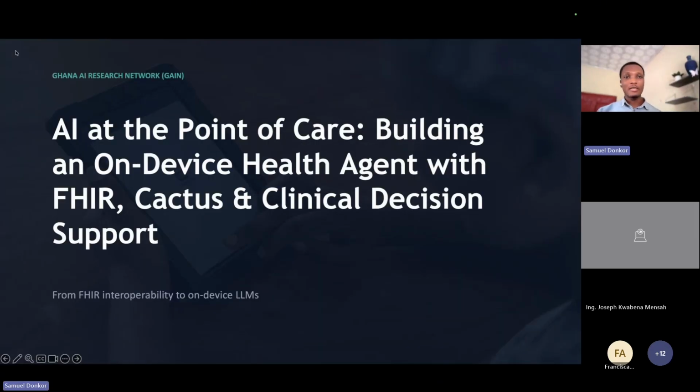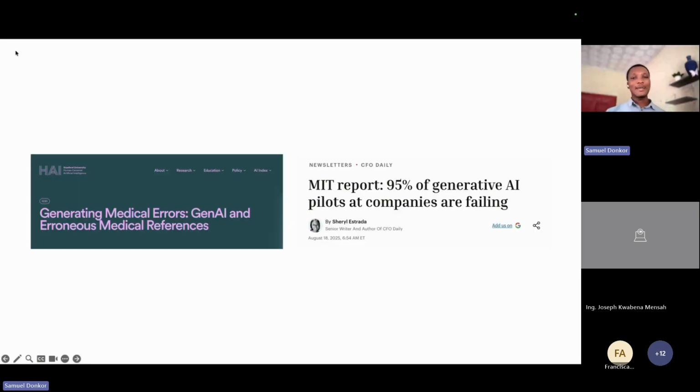You've already been given an overview of what we're going to talk about. But here is the reality check, right? These are two studies, one by Stanford, one by MIT. What these studies found was that most AI agents or generative AI pilots and applications do very well in the prototype stage, when you're building your own thing.